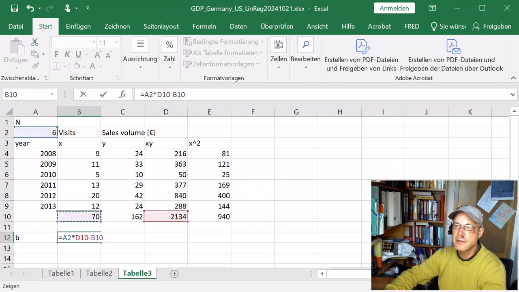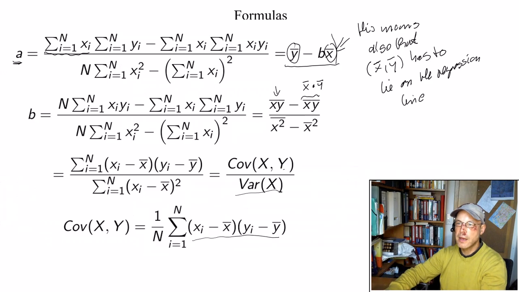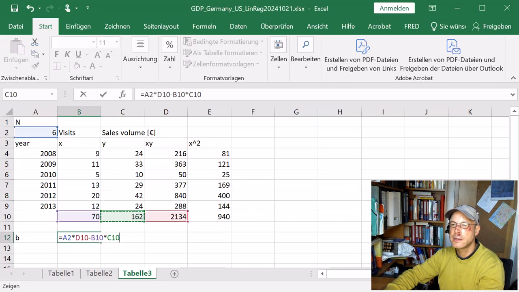So 70 times 162, and then we have to divide it, this overall, by n times sum of x squared minus sum of x in brackets squared.